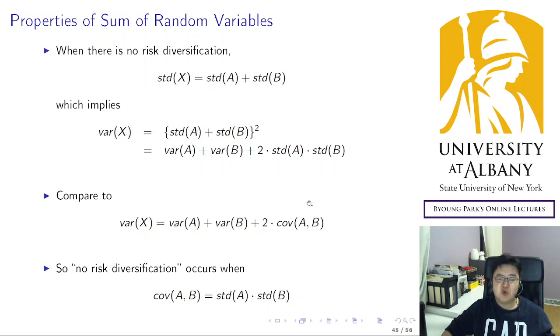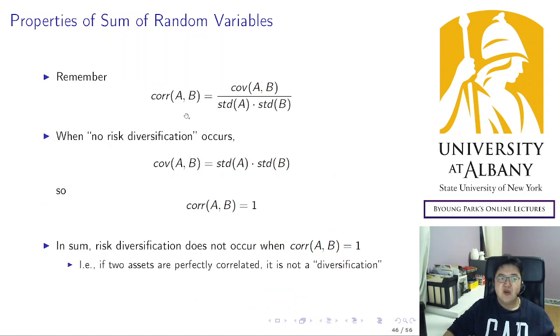It means covariance should equal the multiplication of the standard deviations. So when standard deviation times standard deviation equals covariance, then there is no risk diversification. And this can be understood as correlation coefficient equals 1.